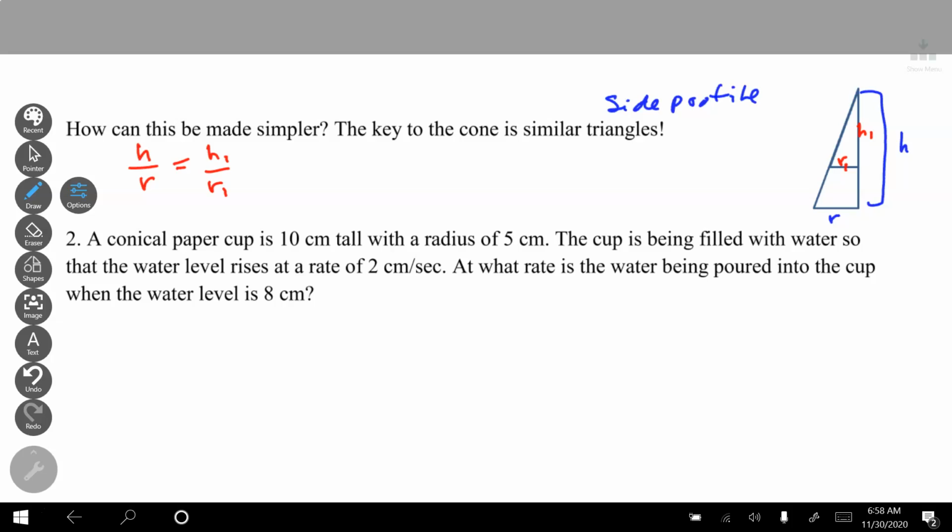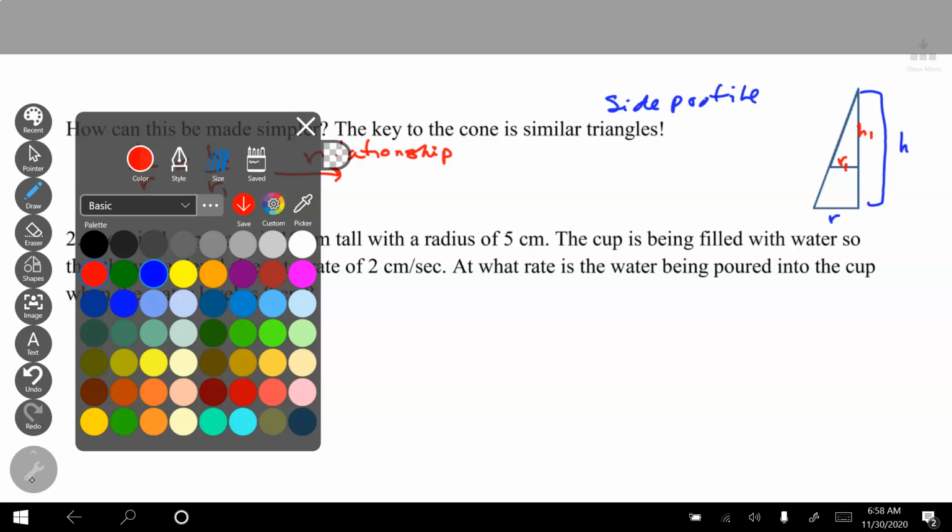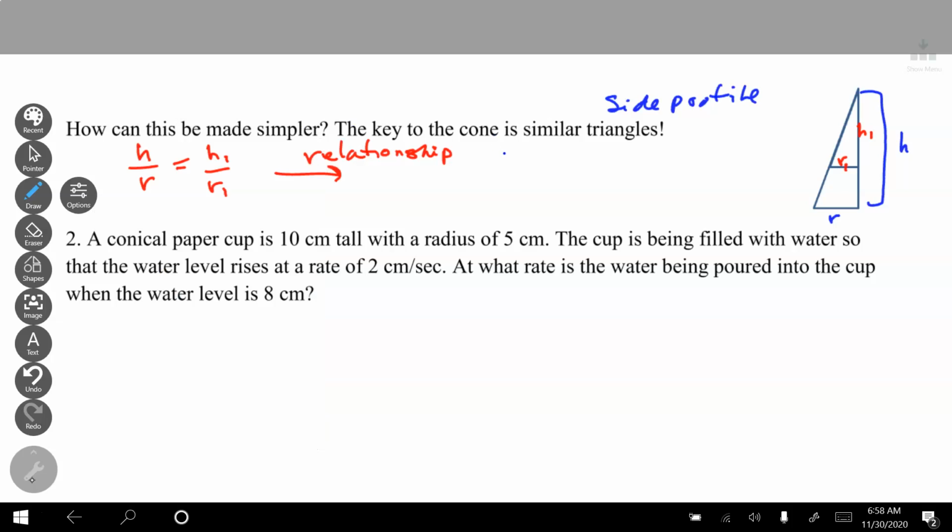So what I can always do, I have some relationship between the height and the radius. It's always going to be the same. So when I'm done, I'm going to either do height equals some number times my radius, or my radius is equal to some number times the height, and then I could eliminate.